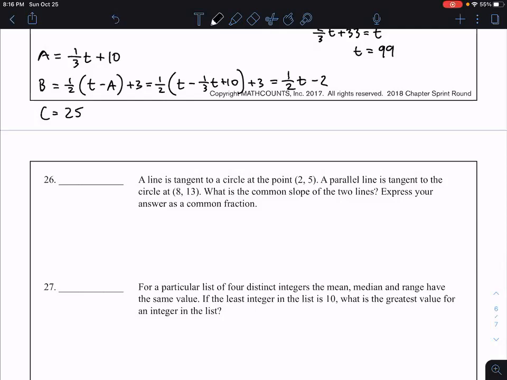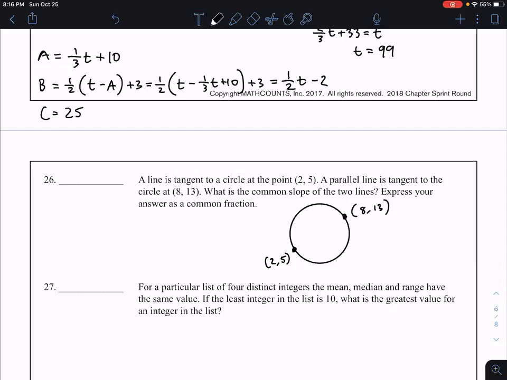So let's just draw a circle first. And then let's pretend that this is 0.25 and this is 0.813.